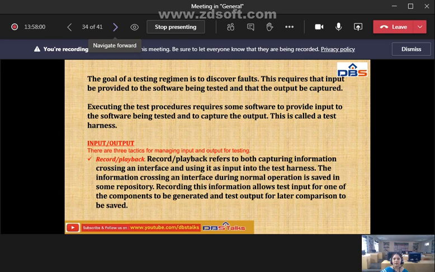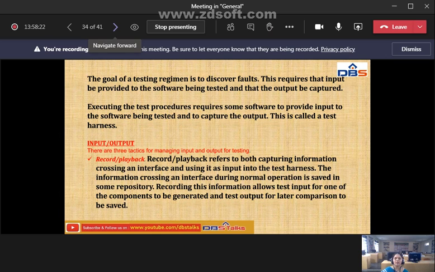First, record and playback. Record and playback refers to capturing information crossing an interface and using it as input into the test harness.